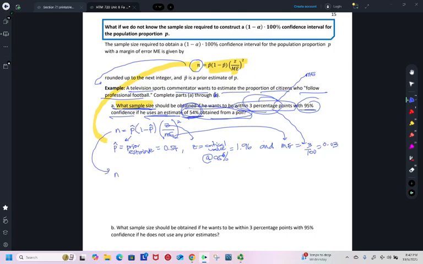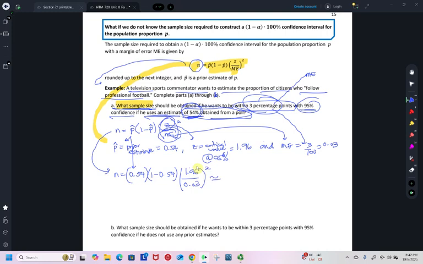So our computation begins. This will be 0.54 times 1 minus 0.54, times our z, 1.96, divided by the margin of error, 3%, all squared.